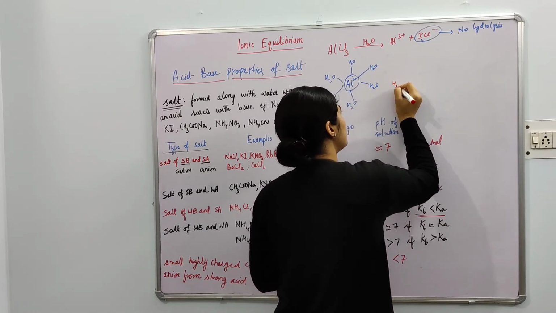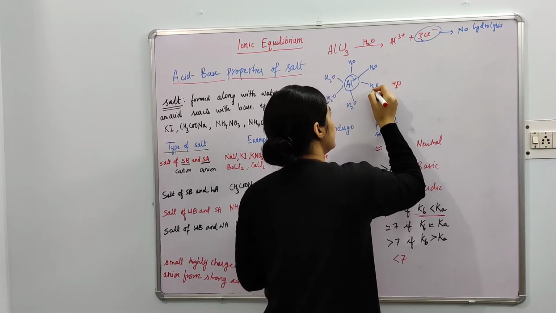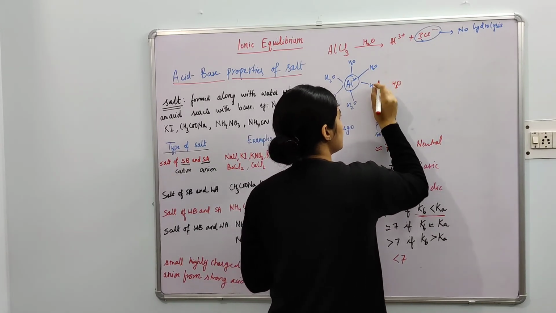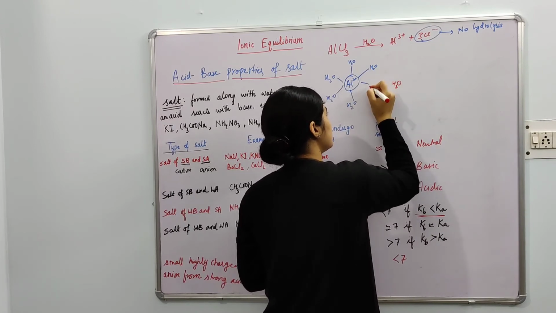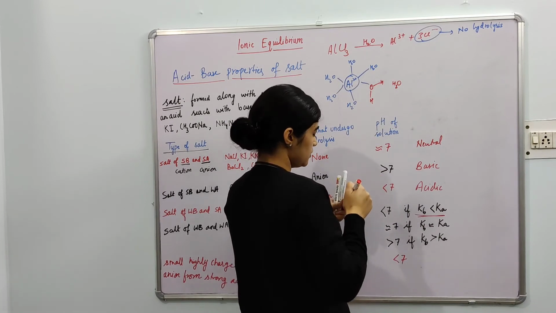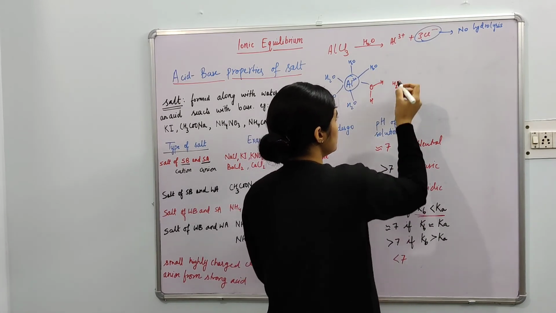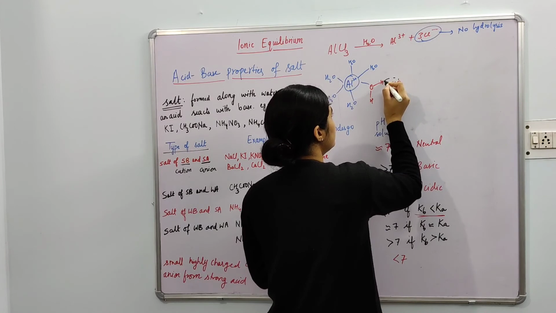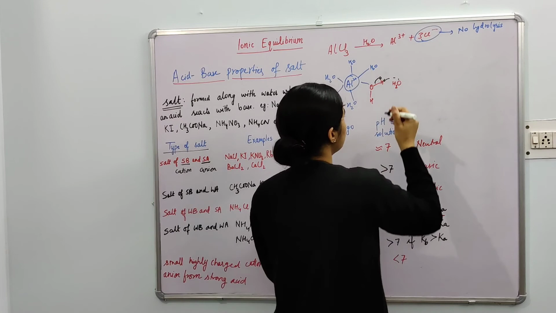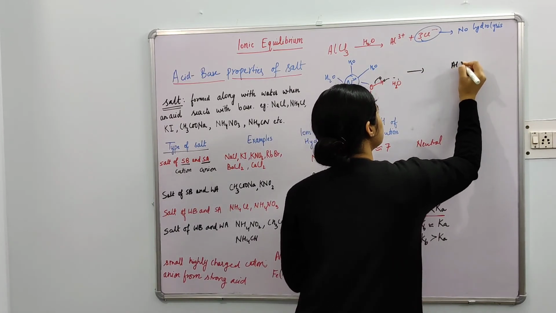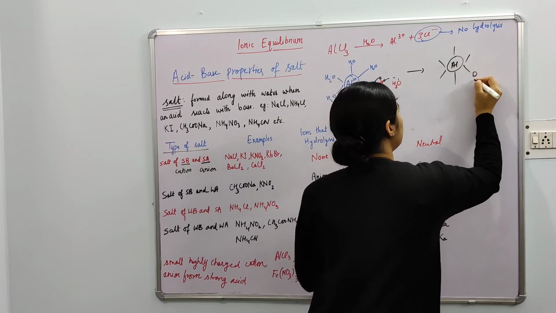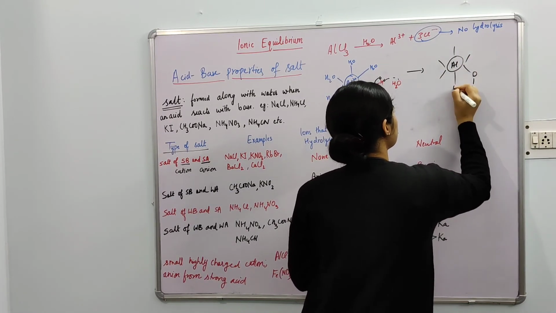Another water molecule takes away one H positive from this. So let's say it's a water molecule. This oxygen will take away the proton, and it will easily provide it and form a species like this, where you have OH.